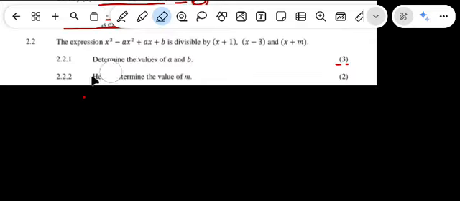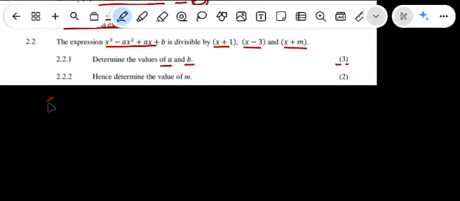All right, so we want a and b. Since it's divisible by these, what they're telling you is that these are factors. If these are factors of this expression, that means all of these factors must be equal to 0 when you apply them.